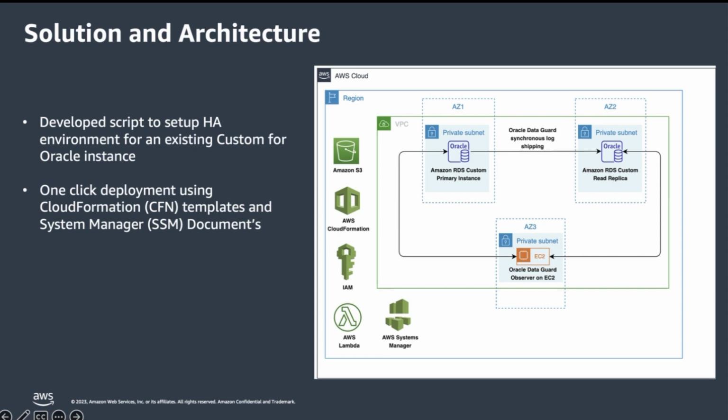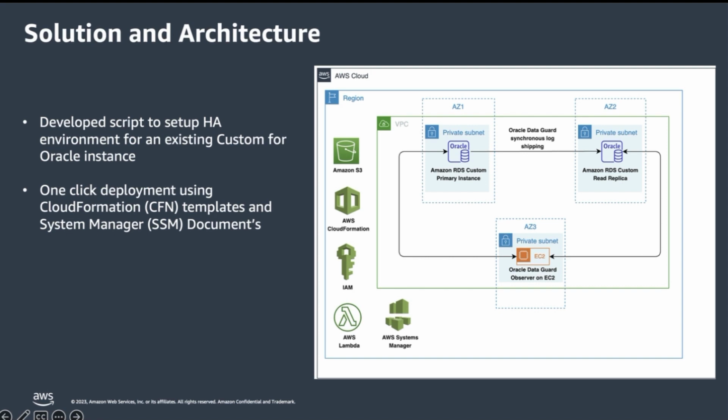Now in this particular architecture, we have a RDS Custom for Oracle primary instance in one availability zone or AZ1, and we will create a read replica in a second availability zone or AZ2, which will act as the data guard standby.